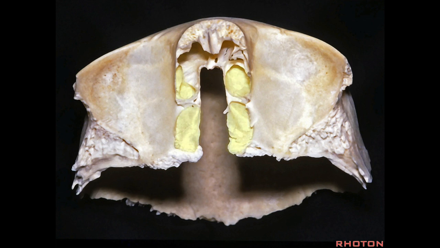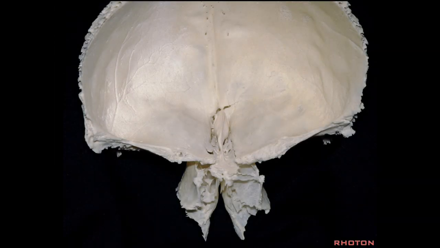And roofing the ethmoid air cells above is the hiatus in the frontal bone that forms the orbital roof. And here we fit the ethmoid into the ethmoid notch of the frontal bone. And here the upper edge of the orbital plate articulates with the frontal bone, and then lateral to that is the orbital roof.